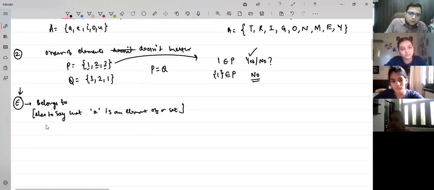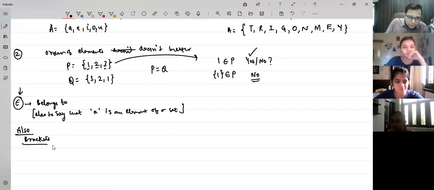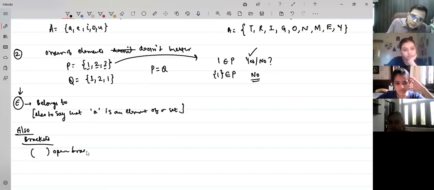Okay. Now, also we talked about brackets. I'll talk about it again because it's a very important thing and it is somehow हमारी exercise में incorporated है after 1.2 or 1.3, I don't remember well. So there are three types of brackets in mathematics. Open bracket, that is also known as degree 1 bracket.